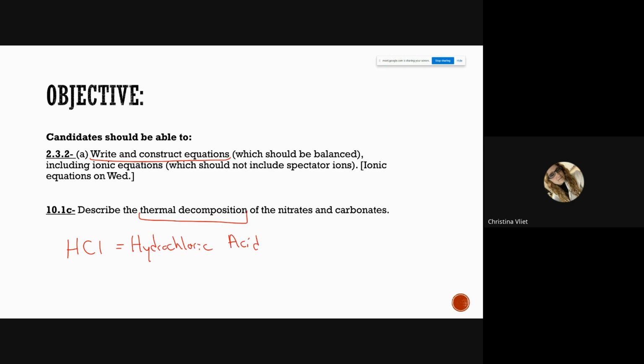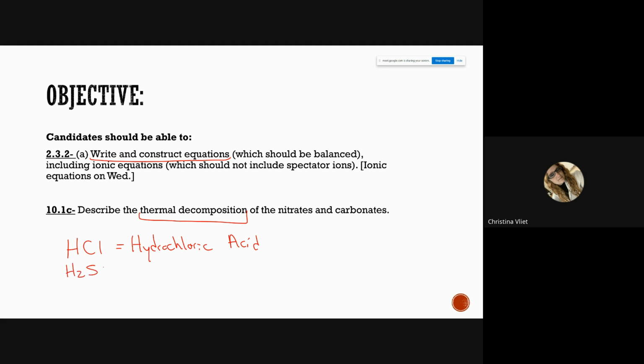You should know that HCl is hydrochloric acid by name, back and forth. You see HCl, hydrochloric acid. You see hydrochloric acid, HCl. That should be something that's just memorized, straight up known to you. Because if I write HCl on a label, I don't want to write hydrochloric acid. I might just write HCl on the label, and you need to know you're working with acid. H2SO4, you know what that is?